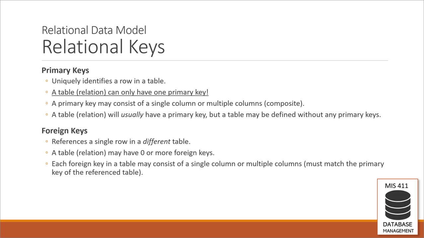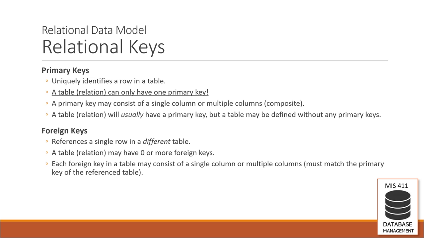Okay? So critically, understand that a table can only have one primary key, and that just because there's a primary key with multiple columns, a composite primary key, doesn't mean that it has multiple primary keys. It's still a single primary key composed of multiple columns.